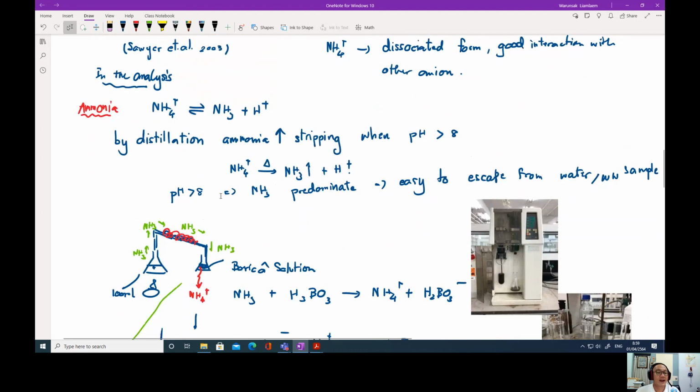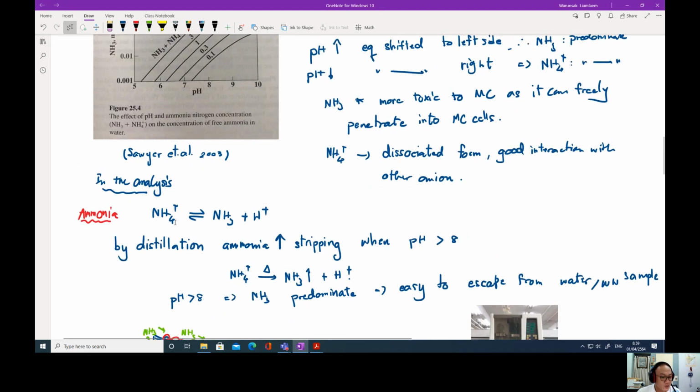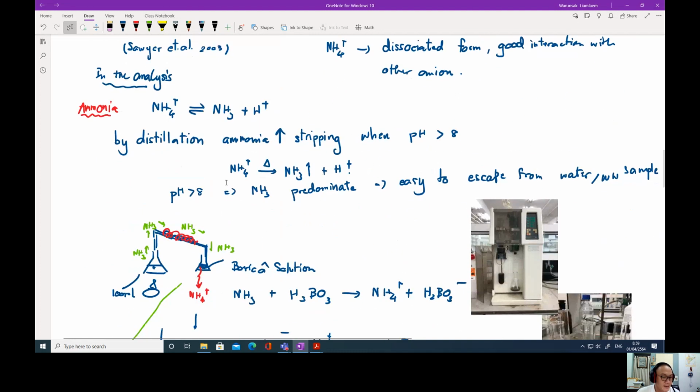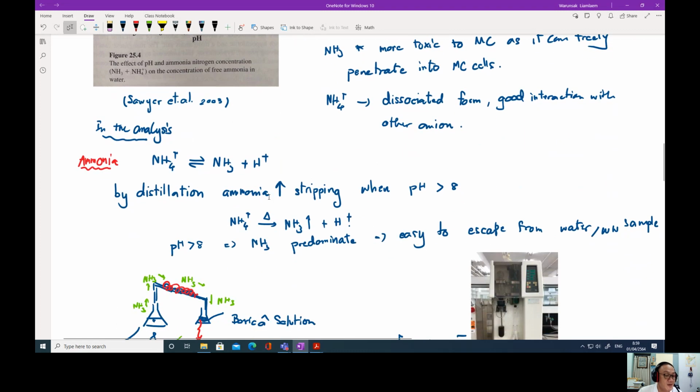But anyway, in the analysis of ammonia and nitrogen in wastewater, as I told you, ammonia can actually exist in two forms, NH4 plus and NH3. The combination of these two is called the total ammonia nitrogen, but it depends on the pH whether it will be present in the NH3 form or the NH4 plus form.